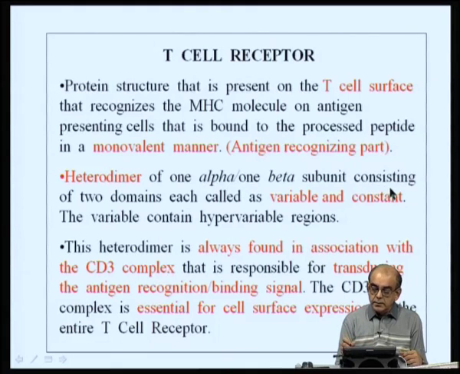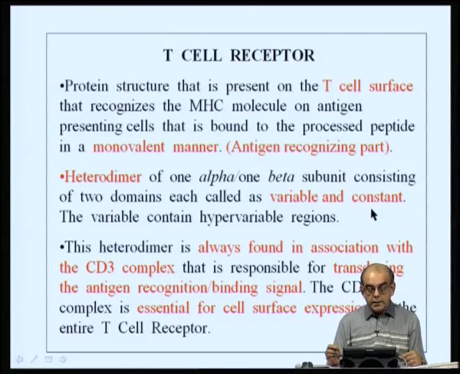This heterodimer, the alpha and beta subunit, consists of two domains each, one called the variable and one the constant. The words variable and constant ring a bell in that these are similar to the chains present in immunoglobulin molecules, which recognize myriads of antigens, and the variable region of immunoglobulin molecules is associated with this recognition.